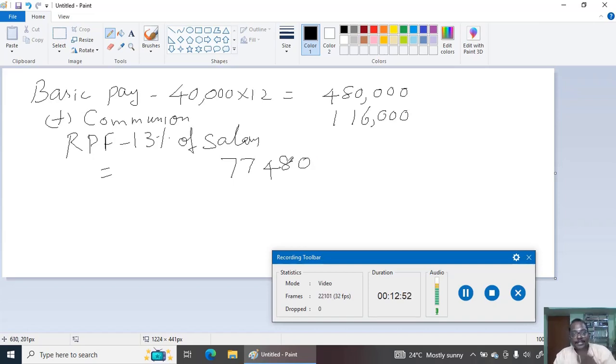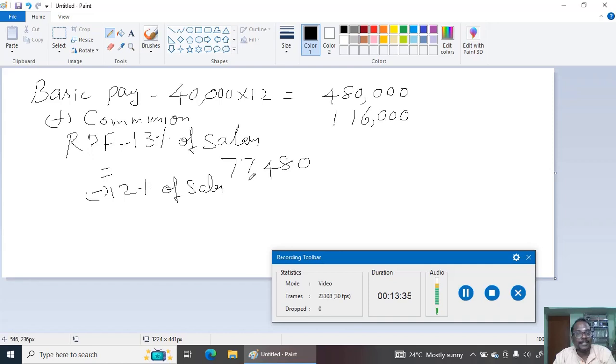Why I have written this 77,480 in the inner column means it is not fully taxable, it is partially taxable. The 4,80,000 I have written in the outer column means fully taxable. Commission 1,16,000 I have written in the outer column means fully taxable. If written in the inner column, it is not fully taxable, we can take some exemptions. So 13% of salary comes to 77,480. But in the law it is given that we can take exemption of 12% of salary.